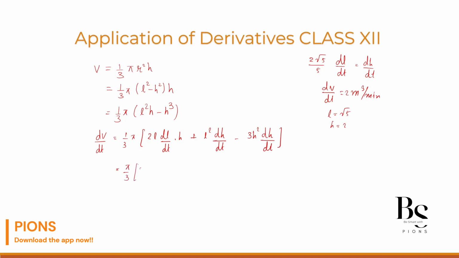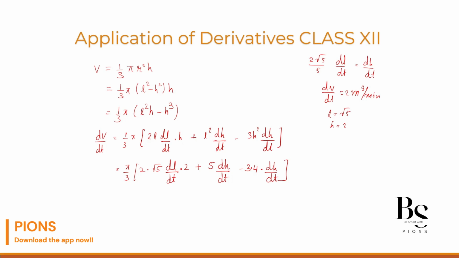So this will become pi by 3, 2 times L, L is root 5, dl by dt as it is, and H is 2, plus L square, which is 5, dH by dt, minus 3 times H square, which is 4, dH by dt. Correct?